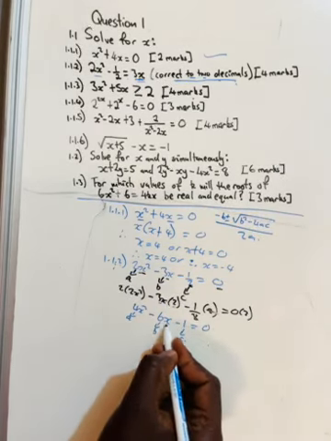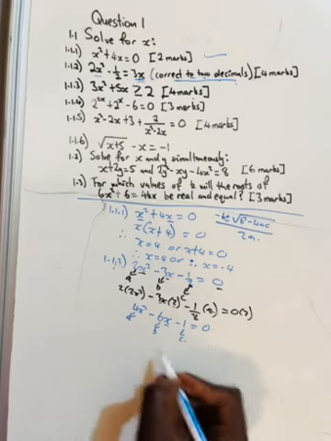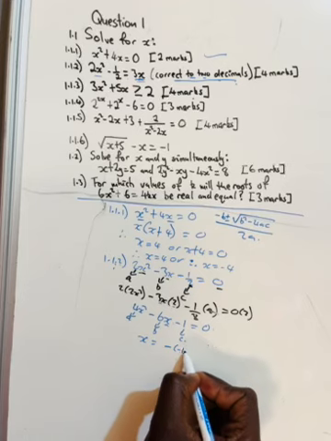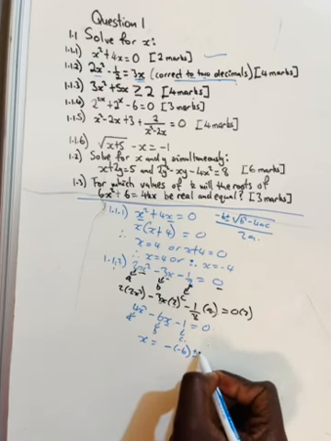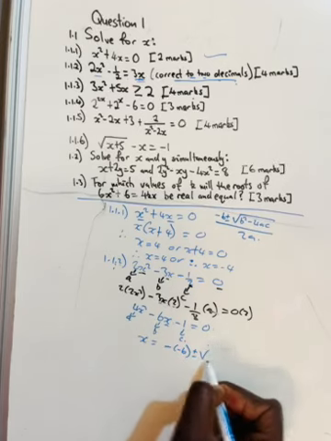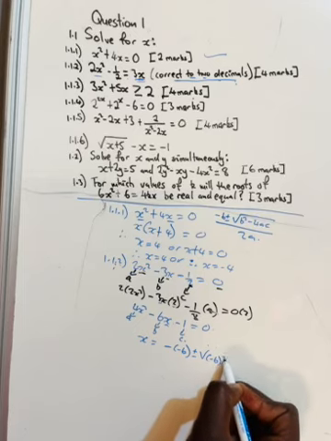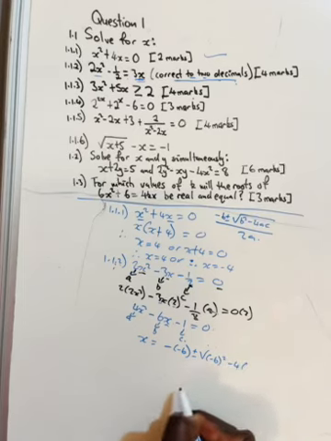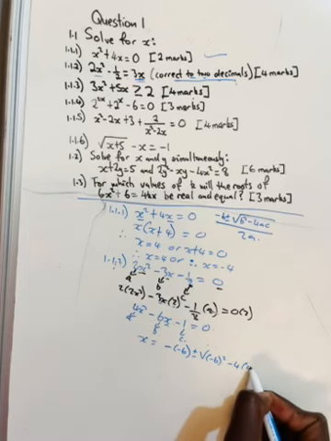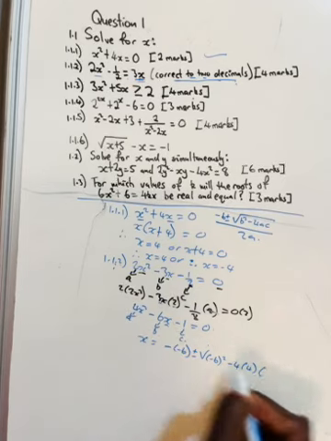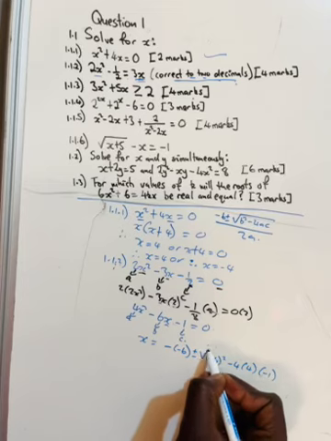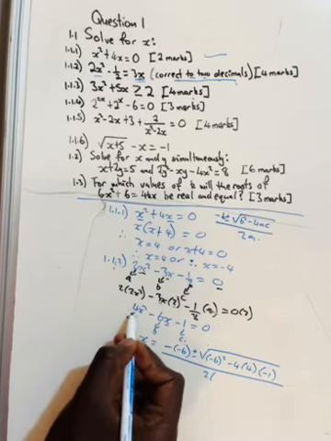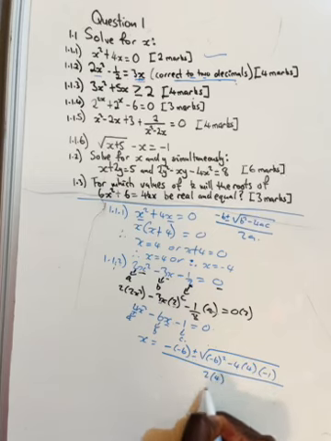Now, because I'm solving for x, I start off by writing that x is equal to negative my b, which is negative 6, close bracket, plus or minus square root of my b squared, so negative 6 squared inside the bracket, minus 4 multiplied by my a, which is 4, so I write my 4 here, and my c is negative 1, so I write negative 1. I close the square root, and say all over 2 multiplied by my a, which is 4, so I multiply by 4 here.